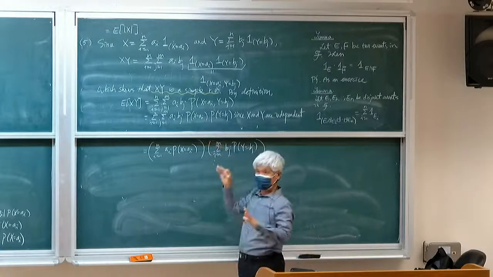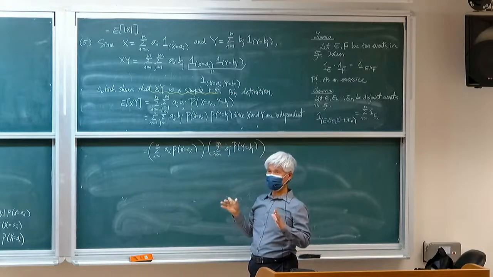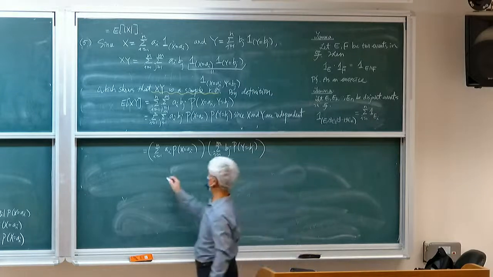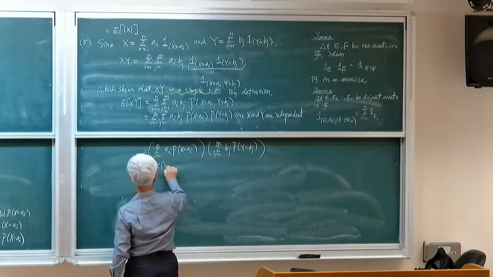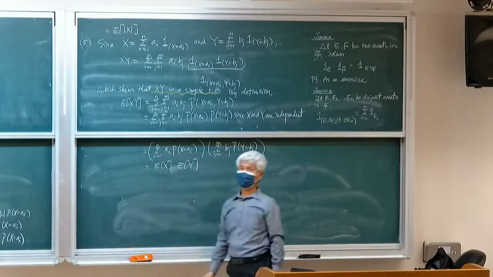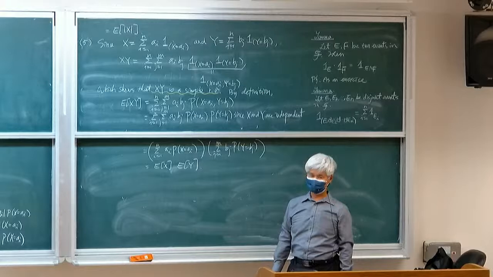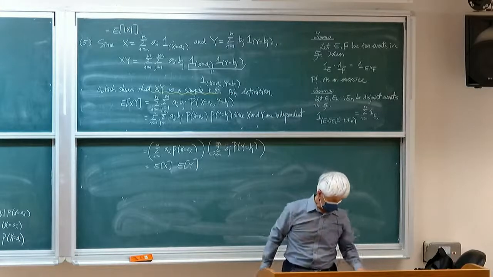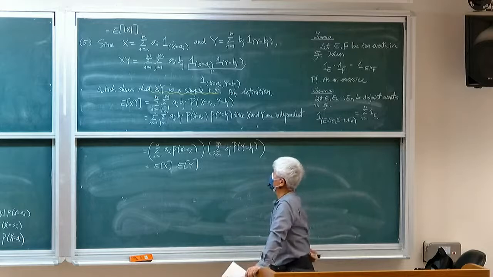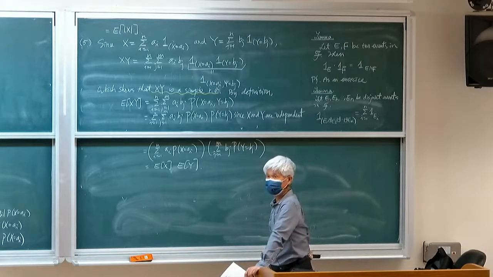This is the result of the product of these two sums. This is the expectation of x, and that is the expectation of y. And we have done the proof for the fifth property.